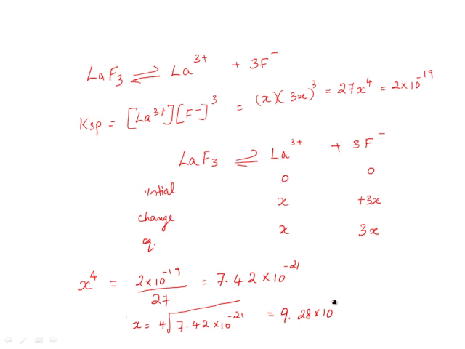Is that our answer? They rounded it off to 9 into 10 to the power negative 6, because the solubility product is given with just 1 significant digit. So if you round that off to 1 sig fig, it will be just 9 into 10 to the power negative 6. And this is all in moles per liter.